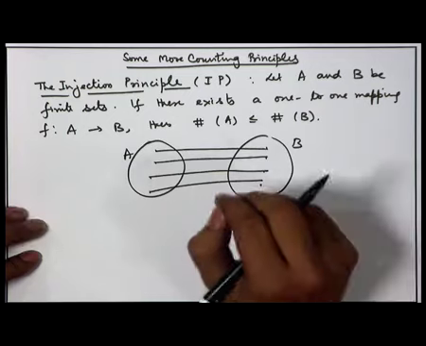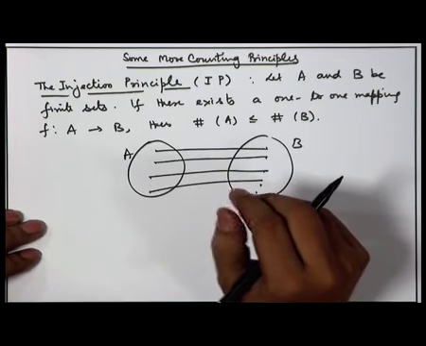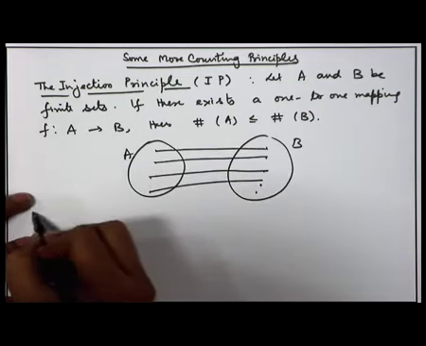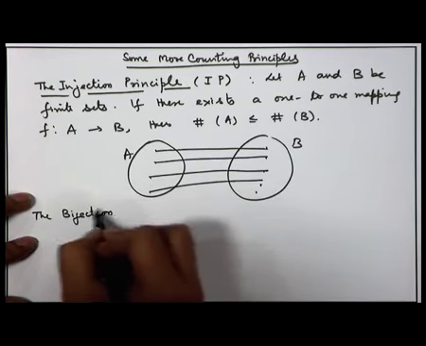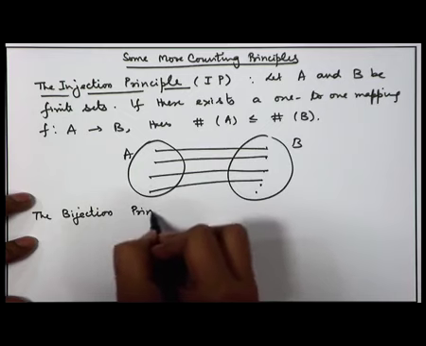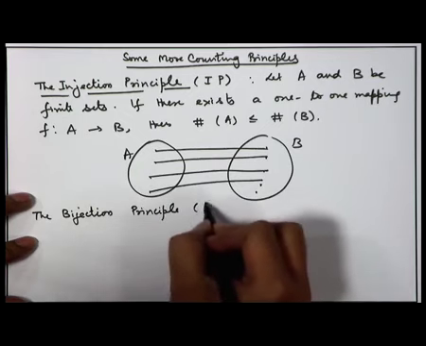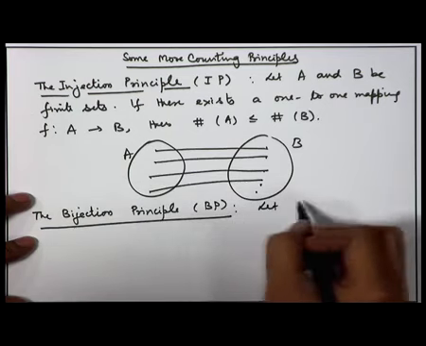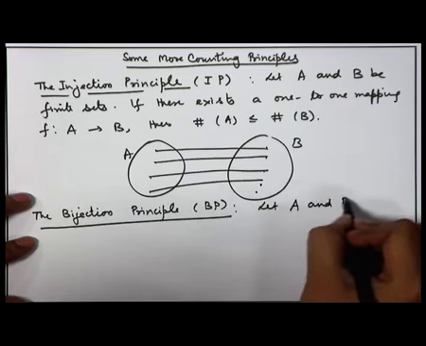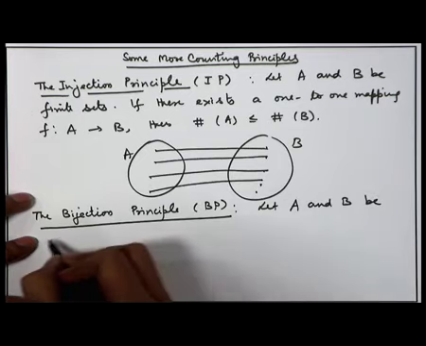If we put one additional restriction on this, then you have the direct counting. That is called the bijection principle, or we call it BP. So, let A and B be finite sets.